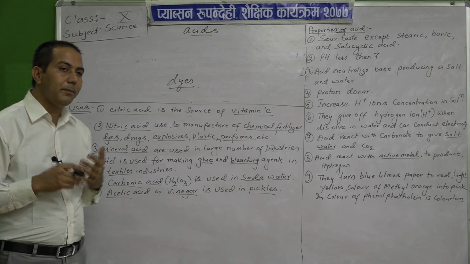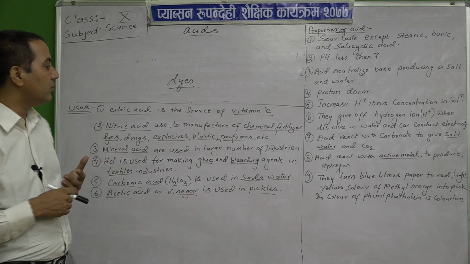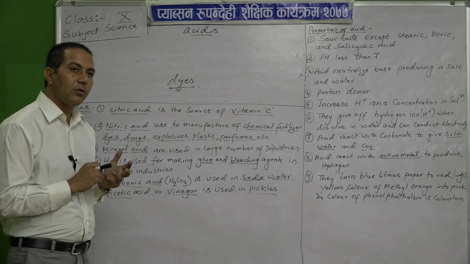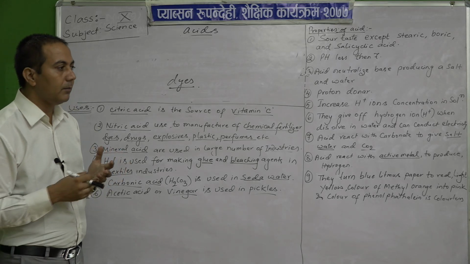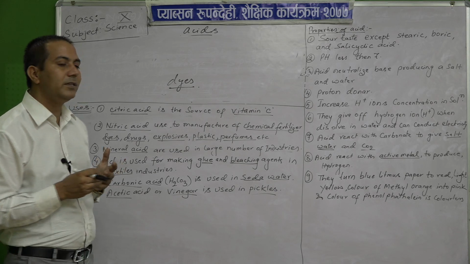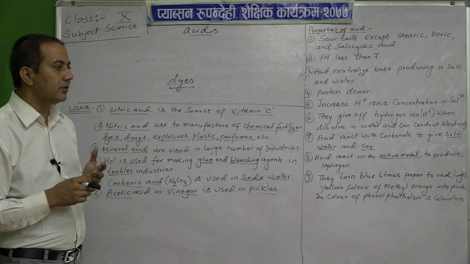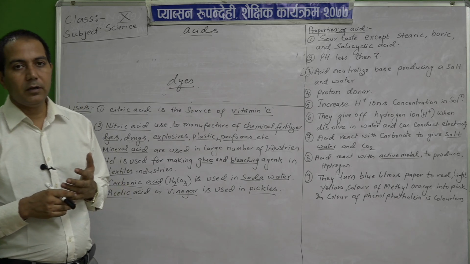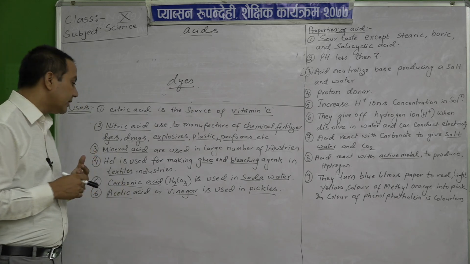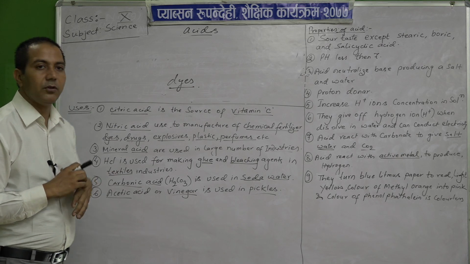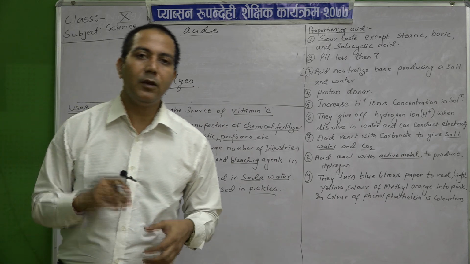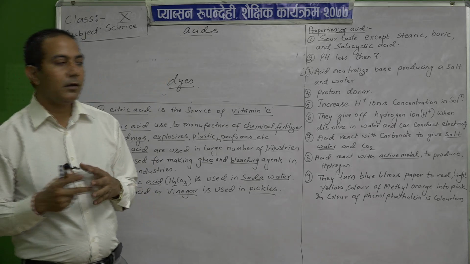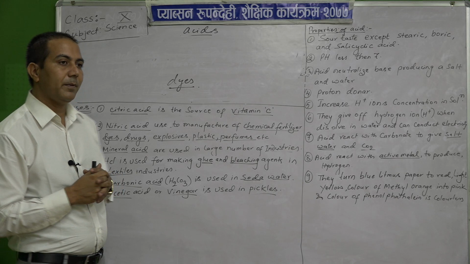Then the mineral acids are used in large industries, like I have given the example of hydrochloric acid for making glue and bleaching agents in the textile industry. Likewise, carbonic acid is used as soda water, and acetic acid or vinegar is used in our daily life in pickles. So these are some of the properties and uses of acids.